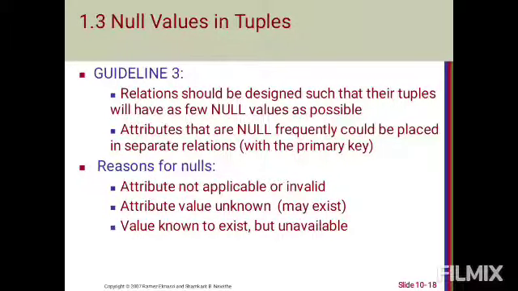Mainly, null values arise for 3 types of reasons. Sometimes some attributes are not applicable or invalid. In that case, we have a null value. For example, if some people have 2 phone numbers, we put 2 phone number fields in our table, but if one person has only 1 phone number, the other field is blank.